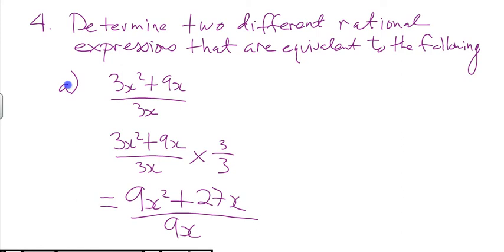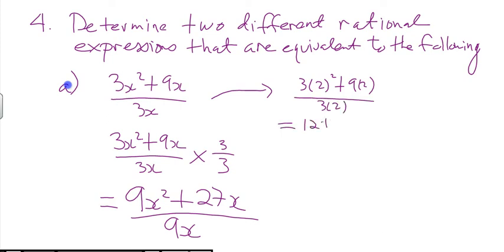How do I know they're the same? Well, I could put the same value in for x. Like, if x was, pick a number, any number. Actually, let's go with 2, because it'll be easier to do, right? If x were 2, then this would be 3 times 2 squared plus 9 times 2 over 3 times 2, which is 12 plus 18 over 6, which is 30 over 6, which is 5, right?